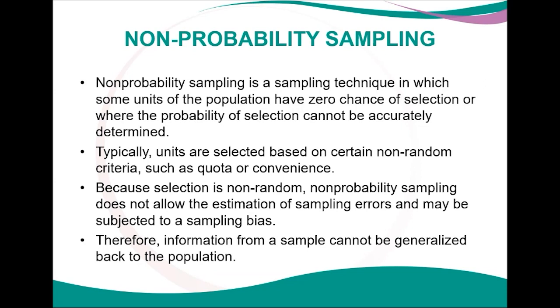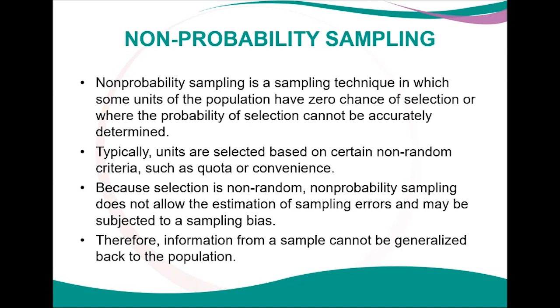Because the selection is non-random, non-probability sampling does not allow the estimation of sample errors and may be subjected to sampling bias. It's possible that when you choose your participants, you may be accused of being biased, because the question is, if, for example, you're using specialists in a particular field, are you saying these are the only specialists in that field?